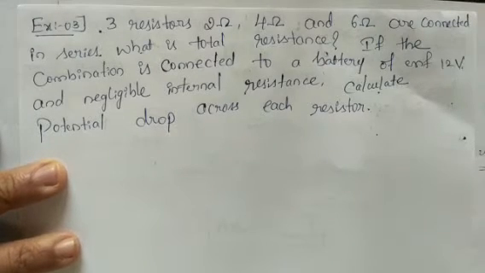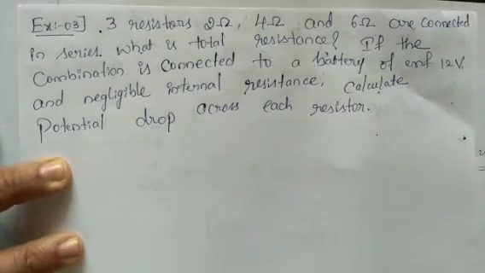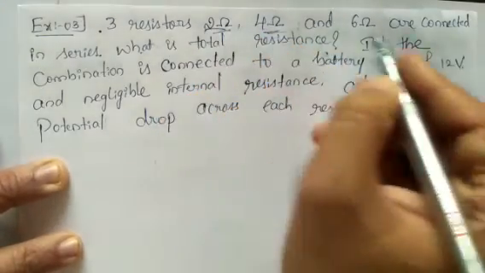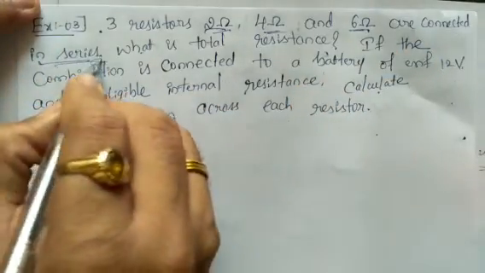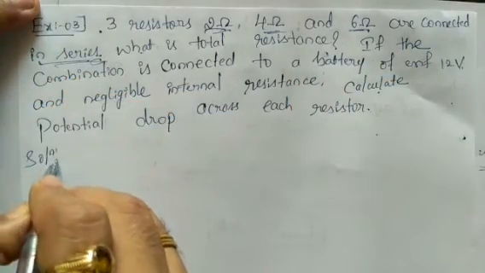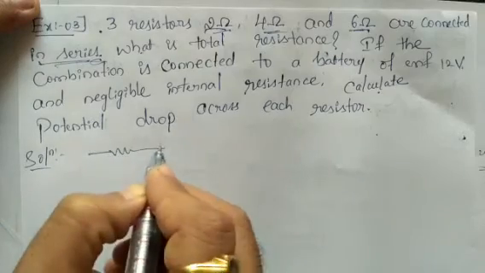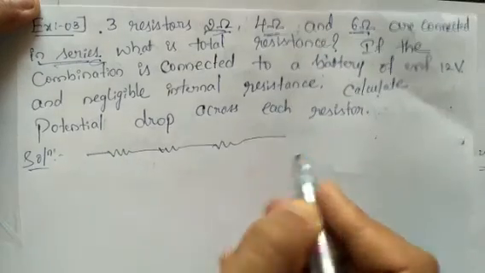Okay, so the next numerical: 3 resistors, 2 ohm, 4 ohm and 6 ohms, are connected in series. So let us see. The 3 resistors are connected in the form of a series combination like this.